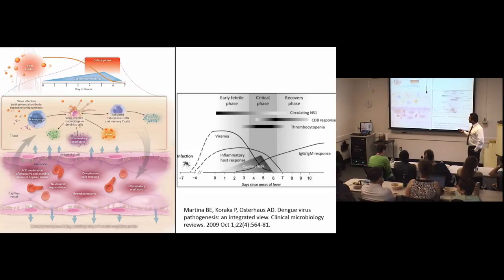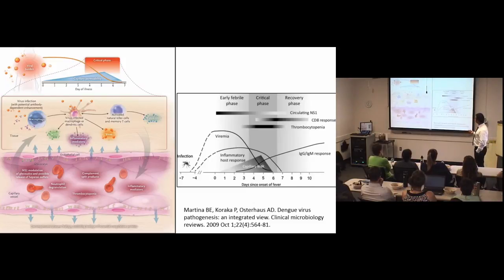When these inflammatory mediators are released, they attach to the capillary endothelium and cause the capillaries to leak fluid outside. They first leak serum, the water, into the abdominal cavity, and then they can leak blood. Then you are heading for trouble, into the severe dengue category.